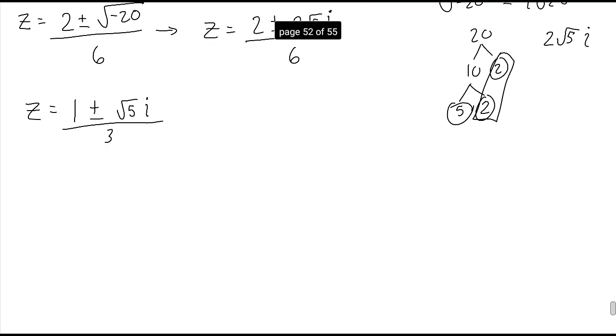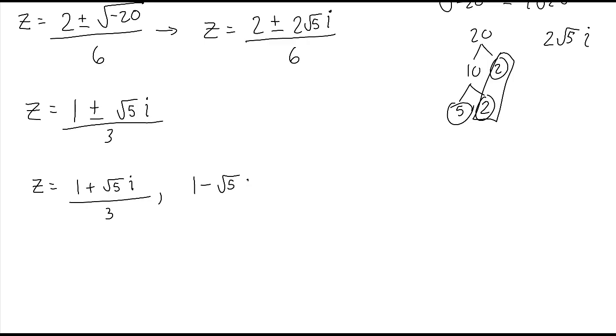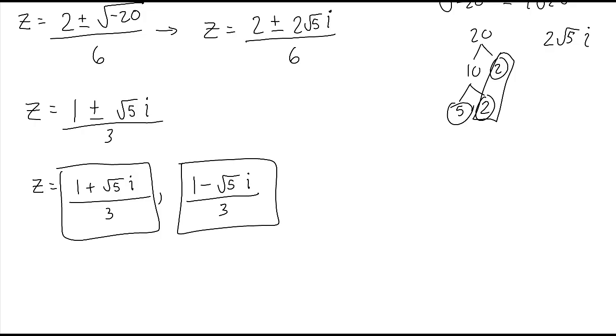Okay, there we go. Now, I'll write out my answers formally. 1 plus the square root of 5 i, over 3. 1 minus the square root of 5 times i, over 3. Those are my two non-real solutions.